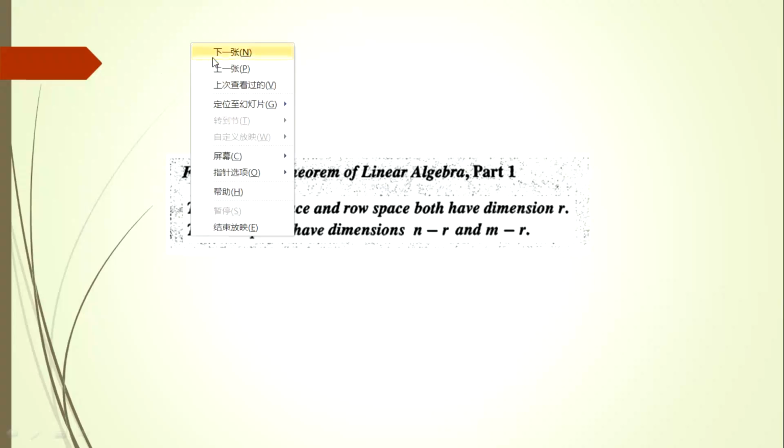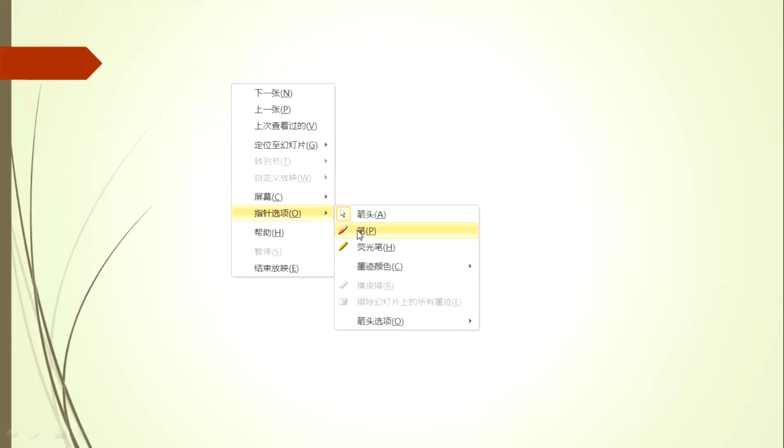So let's summarize it. If A is in m by n format and the rank is r, there are some special relations between those numbers m, n and r.